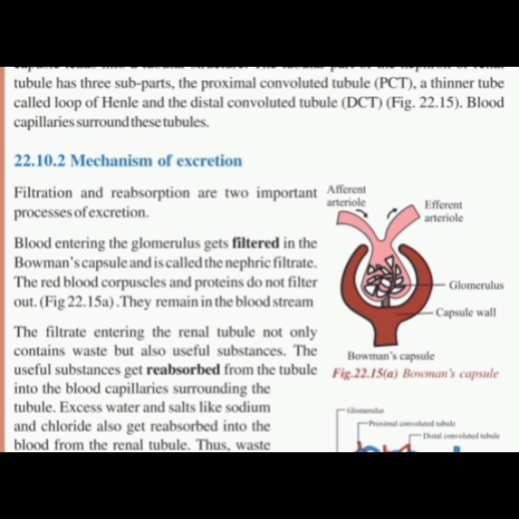The filtrate entering the renal tube not only contains waste but also useful substances. The useful substances are reabsorbed by the tubule into the blood capillaries surrounding the tubule. Excess water and salts like sodium and chloride also get reabsorbed into the blood from the renal tube.